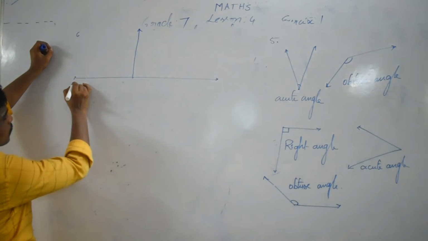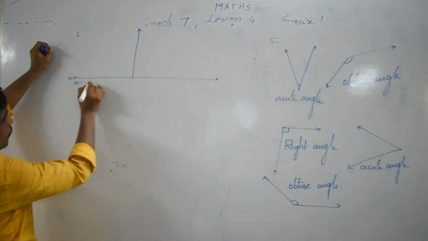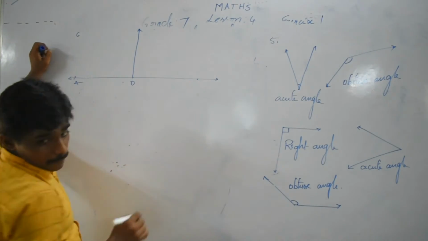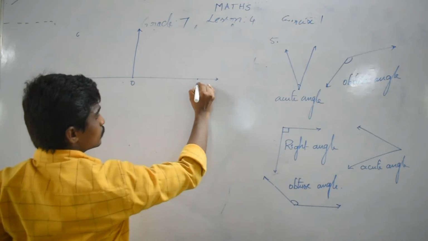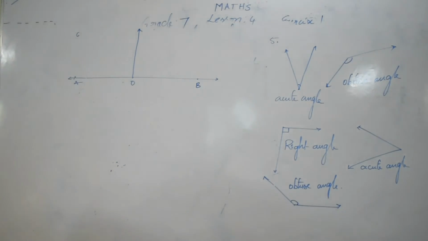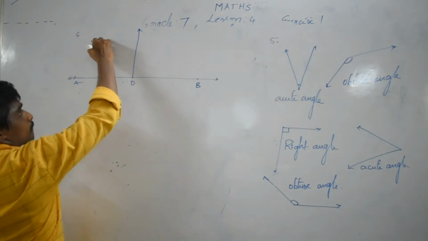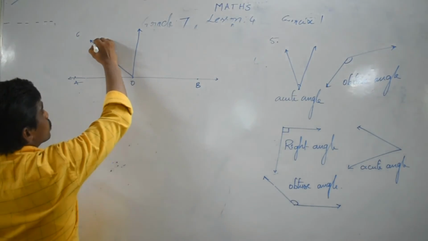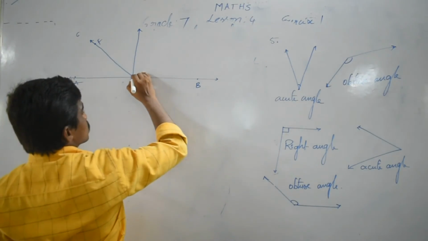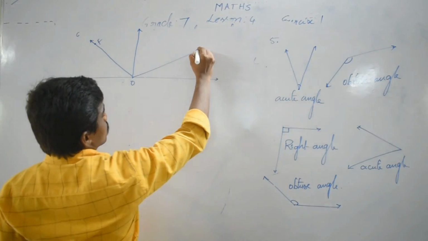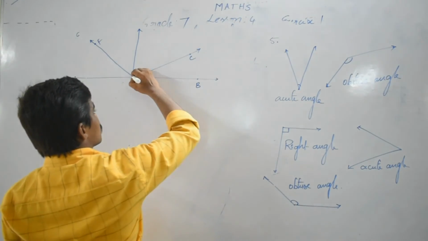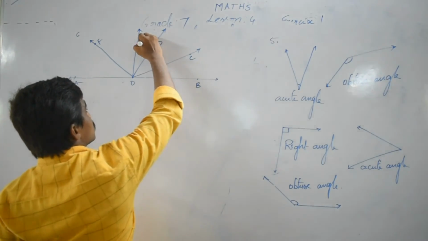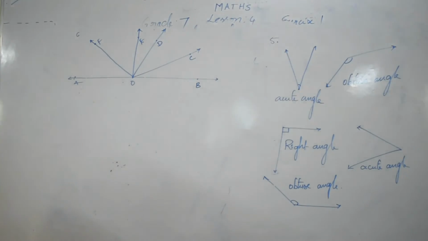The points are A, O, B, F, C, D, E. So this is the given picture.